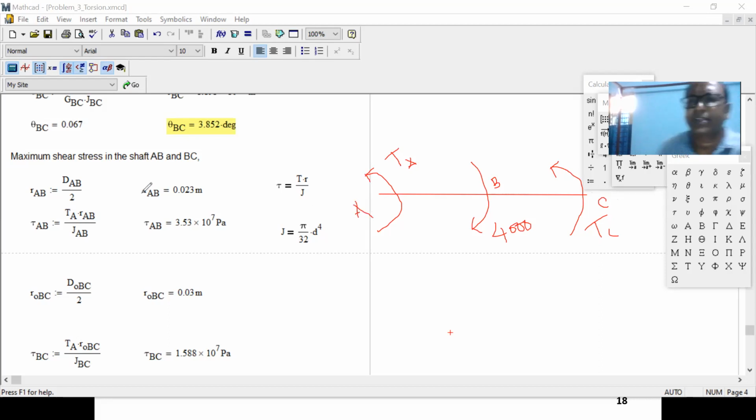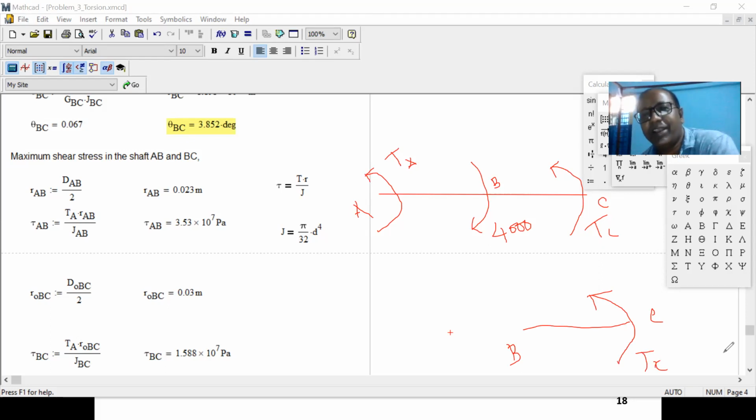Okay, where I draw, I start from the left side. You start from the right side. So right side you start. This is C, this is point B. So there will be TC at point C, no doubt about it. Right? Now, how much torque do we put at point B? If you put 4,000, you can balance it.